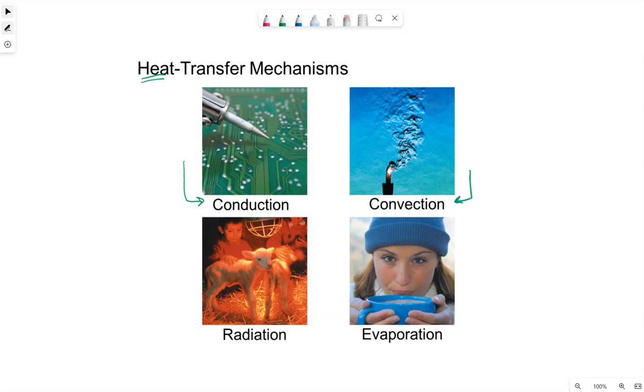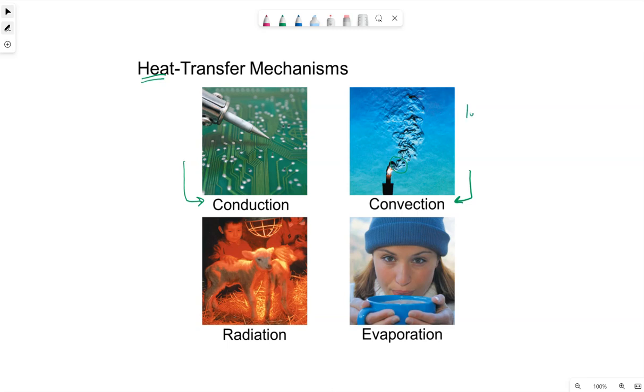Convection here is when a certain area gets hot. Again, remember, materials tend to expand when they heat up, which means the density decreases.